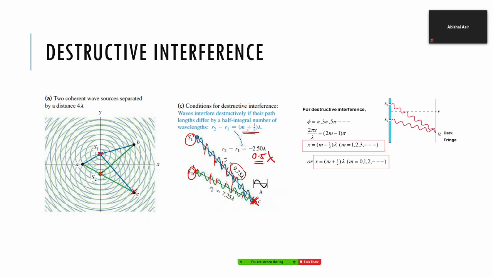Because R2 minus R1 is 0.5 lambda, either a crest overlaps with a trough, or a trough overlaps with a crest. Then we have destructive interference.